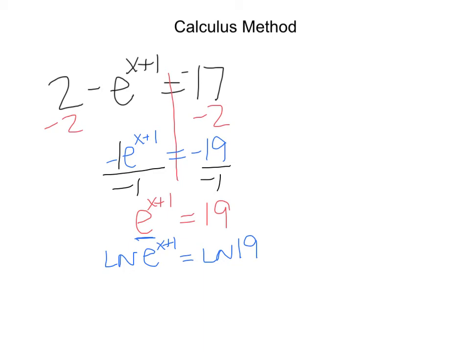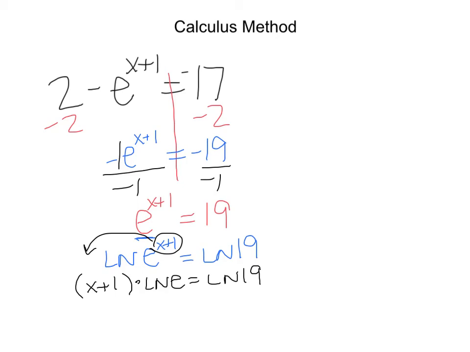Consistency is key. Now I'm going to use my property that says that if I have this exponent up here, it can become a coefficient. This one's trickier though because x plus 1 needs to stay together. That's all in the exponent. So x plus 1 times the natural log of e equals the natural log of 19.